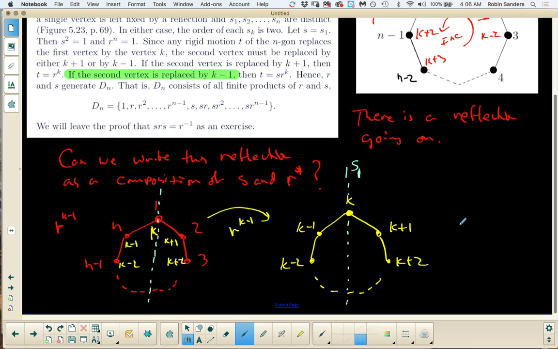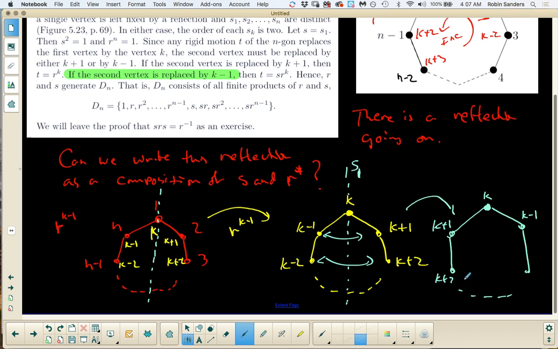When we do that flip, we wind up getting these labels switching in pairs. And so now our labels look like k minus 1 over there, k plus 1 over here. This is going to be k plus 2, and this would be k minus 2 all the way around.